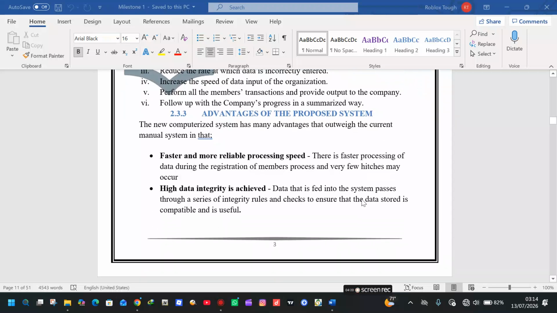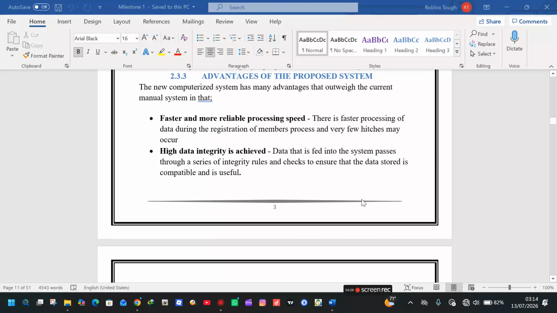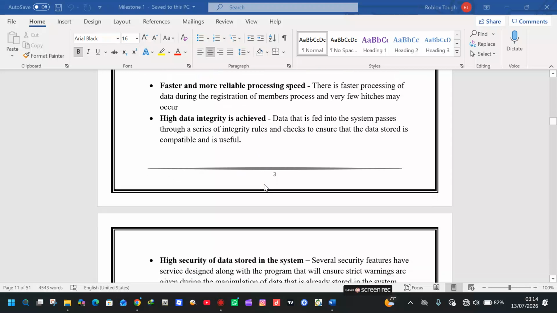So the advantages of the proposed system: the new computerized system has many advantages that outweigh the current manual system. First, it is faster and more reliable processing speed. There is faster processing of data during the registration of members process, and very few hitches may occur. Number 2, high data integrity is achieved.